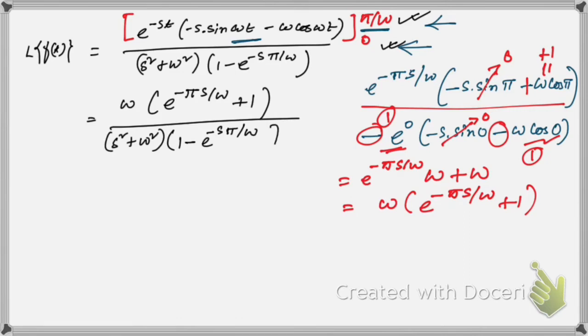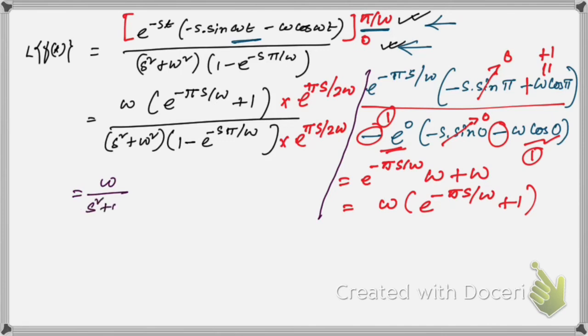So now what we can do? Let us multiply e to the power pi s by 2 omega with both numerator and denominator. Then this result is going to be equal to omega by s square plus omega square into, if you multiply here, you will get 1 into e to the power pi s by 2 omega.